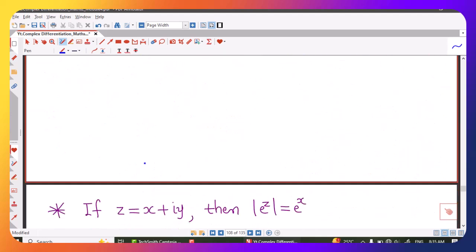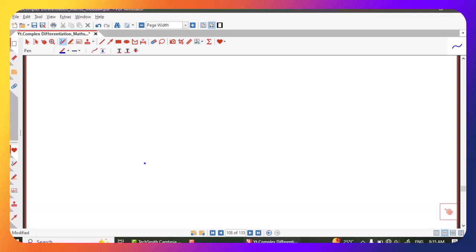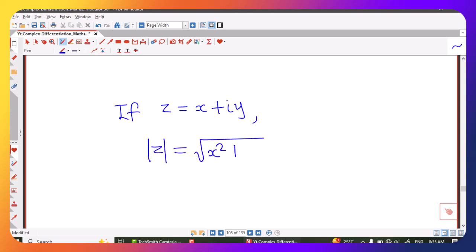In the next property, we require the definition of absolute value of z and argument of z, that we have discussed in lecture number 1 also. We just recall those definitions. If z is x plus iy, then absolute value of z is given by square root of x square plus y square, and argument of z is nothing but the angle made by this complex number with the positive x axis, and it is given by theta.